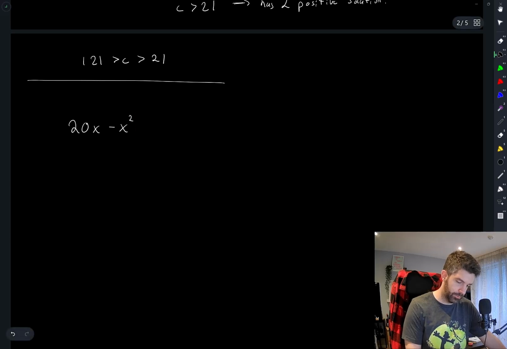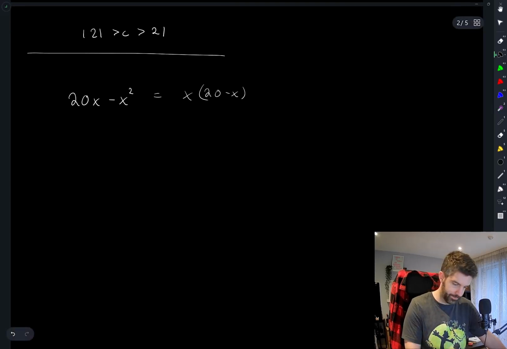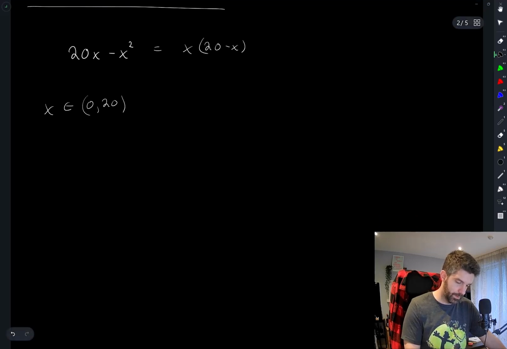Okay, 20x minus x squared is equal to x times 20 minus x. If this is positive, it means x is between 0 and 20. Then we have the absolute value of 20x minus x squared minus c equal to 21.